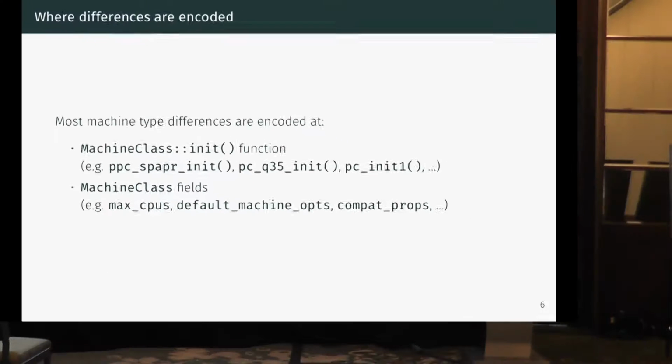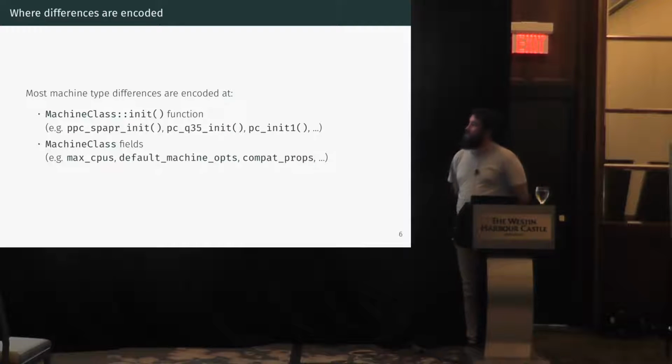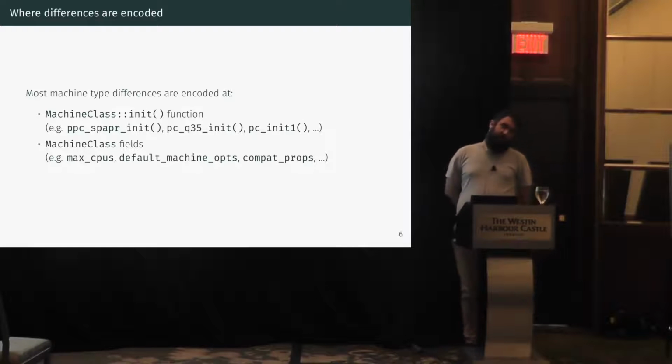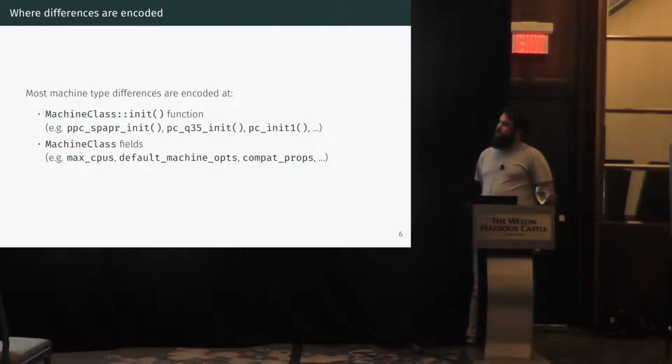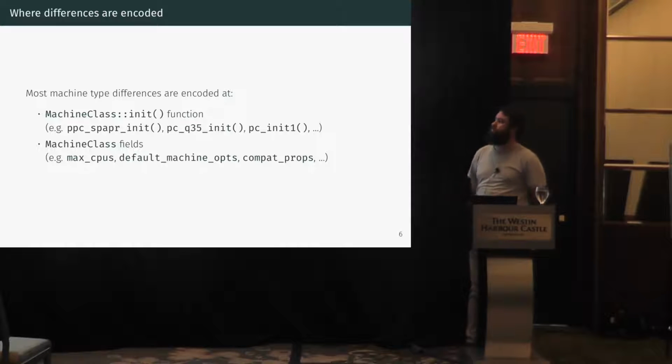So today, we try to encapsulate the differences between machine types in 2 different ways. We have the simple, old way, which is basically running different code depending on the machine type, so you call different init functions. Then you have other differences that are inside the machine class, basically as data.